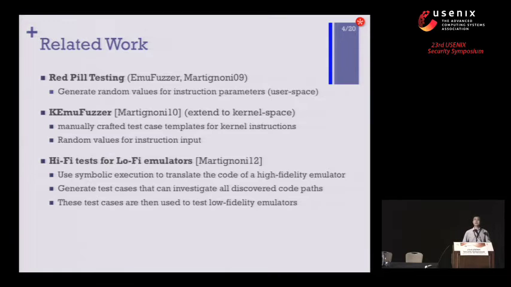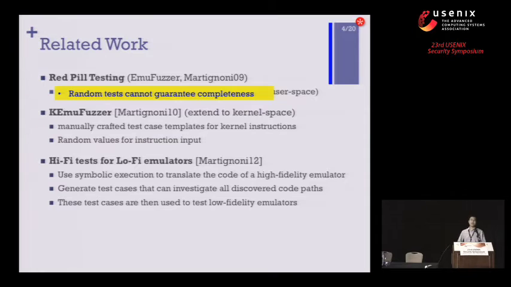And in their latest work, the hi-fi tests for lo-fi emulators, the authors use symbolic execution to translate the code of a high-fidelity emulator, which is Bochs. And then they generate test cases that can discover the code paths. Finally, they run these test cases to test low-fidelity emulators, for example, QEMU, Ether.